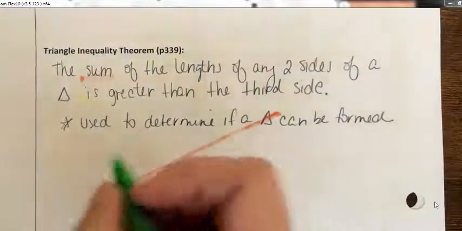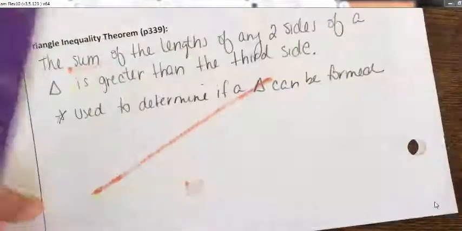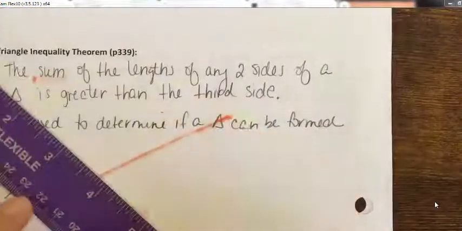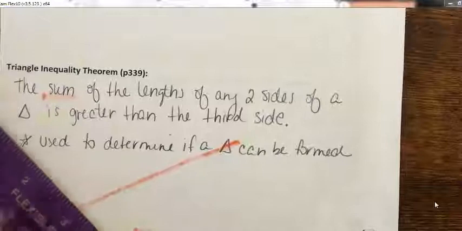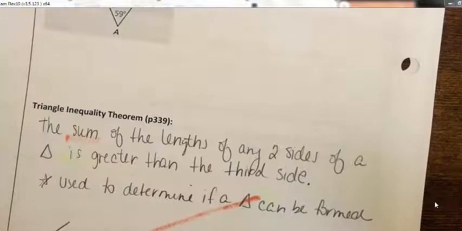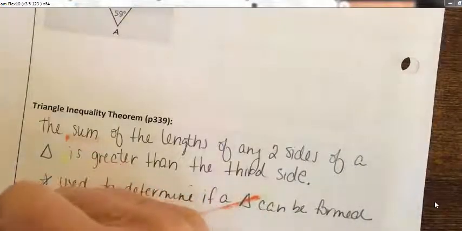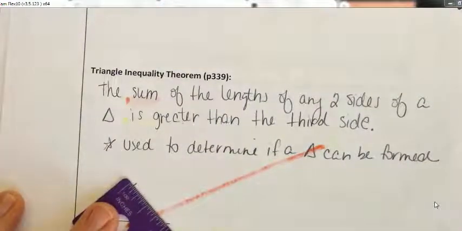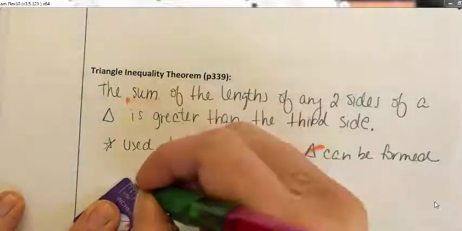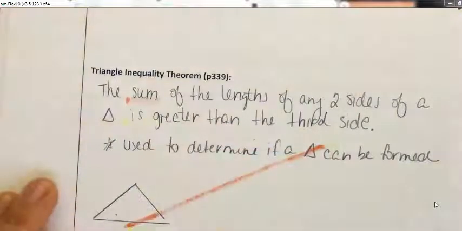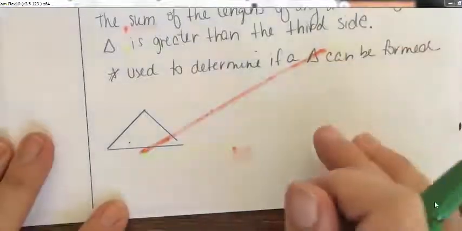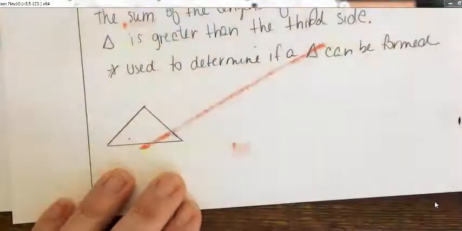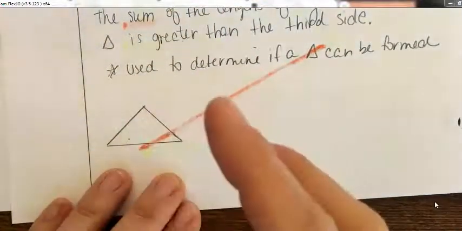Okay, so if I gave you, let me go ahead and draw just some random triangle here. Oh, okay, there we go. That would have been an example where it wouldn't have worked.